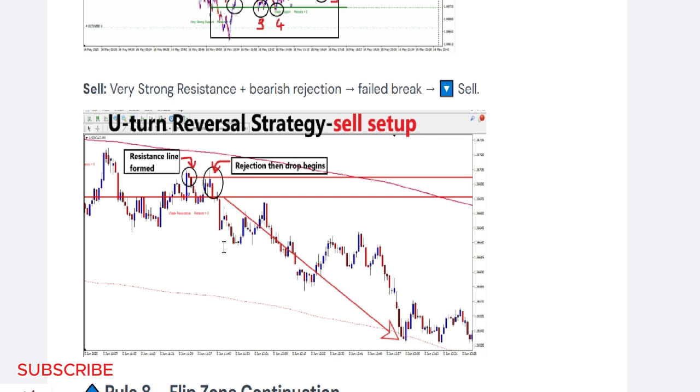You don't chase, you wait, confirm, and strike, to flip the market in your favor. Whether you are scalping, intraday, or planning swing trades, this tool helps you enter early, risk less, and profit more. And most importantly, trade with calm confidence.